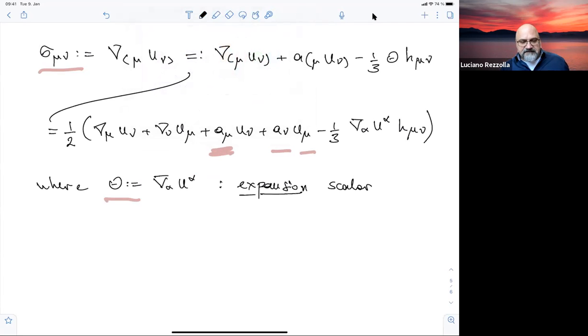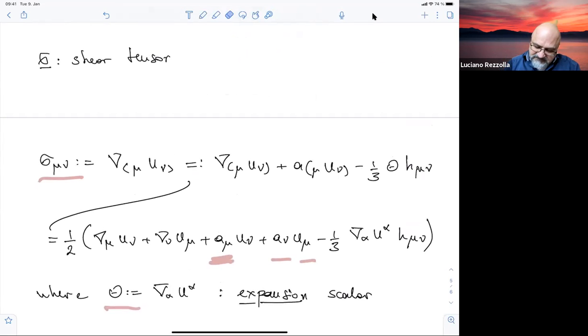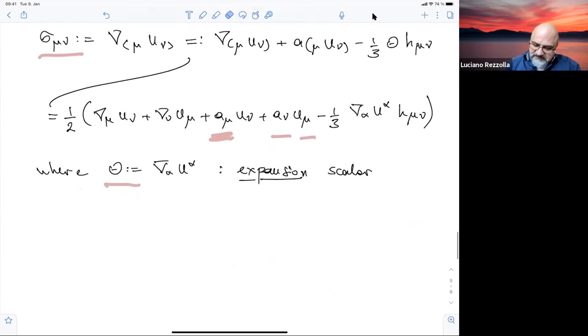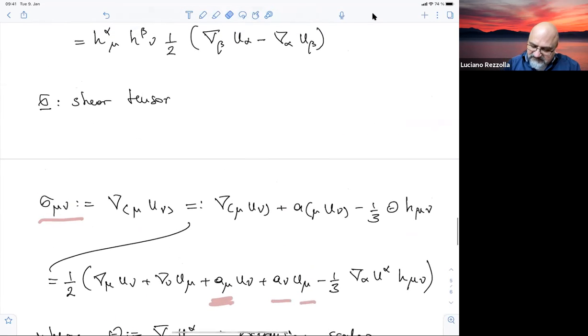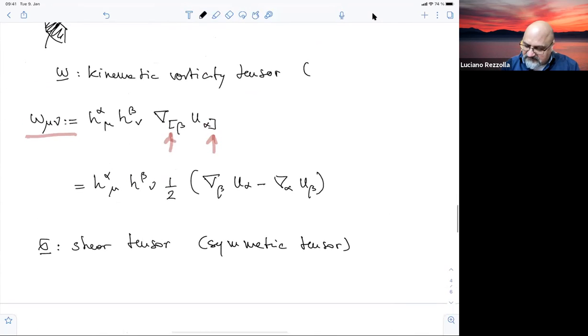I will not go into the details of what these are, so this is clearly a symmetric tensor. Okay, so sigma is a symmetric tensor by definition, because I'm building it like that. And this is, by definition, an antisymmetric tensor.